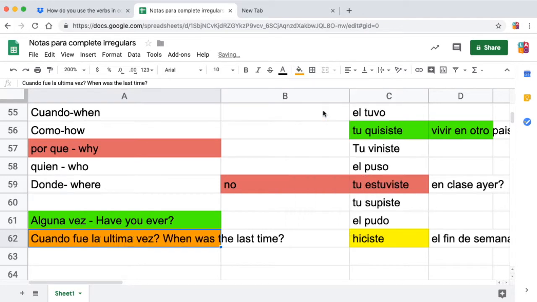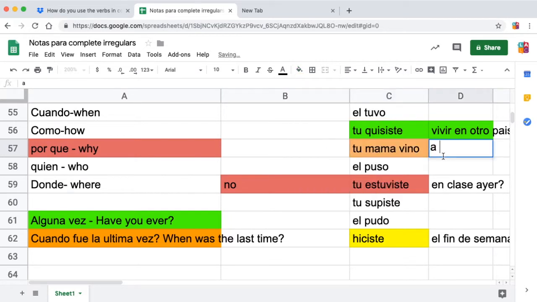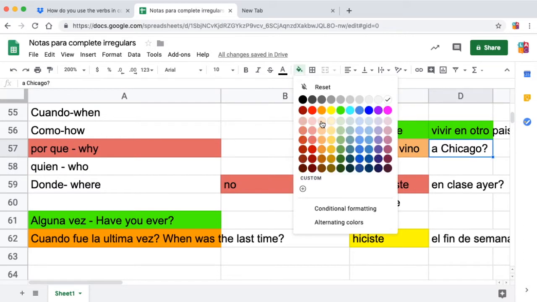Okay. Que, let's say, tú viniste, no, que él vino, which is tu papá, for example, your father, o tu mamá. Tu mamá vino, came. ¿Cuándo fue la última vez que tu mamá vino a Chicago? Which means, when was the last time your mom came to Chicago? Okay.